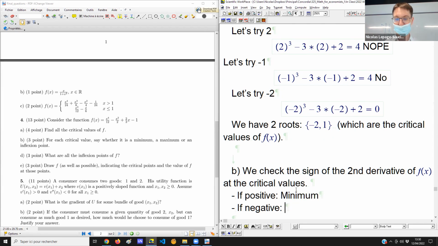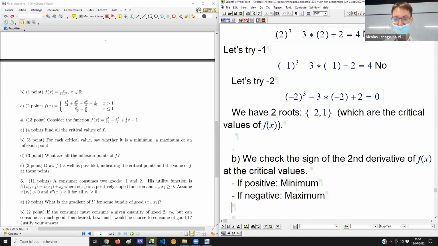And if negative, I have a maximum. And if 0, I have a minimum, a maximum, or something else. Or an inflection point.